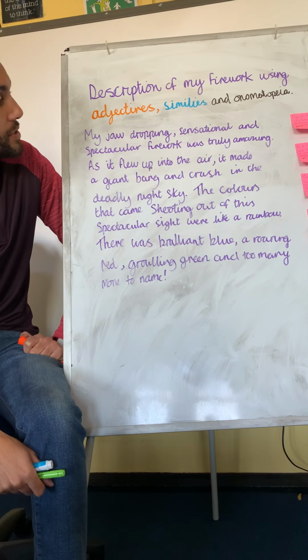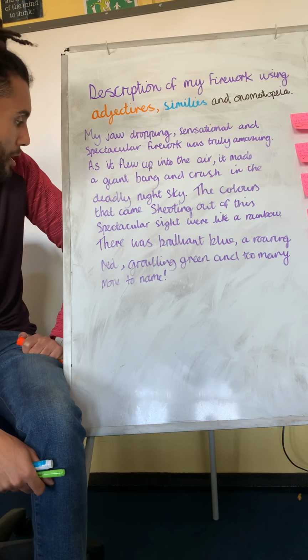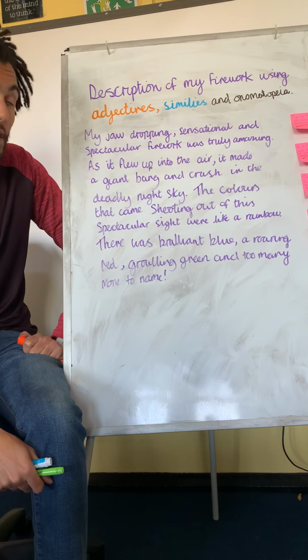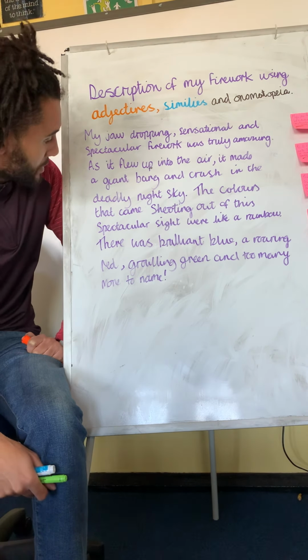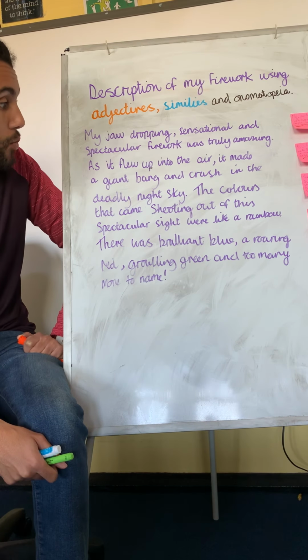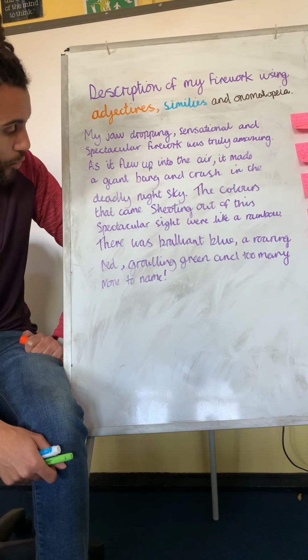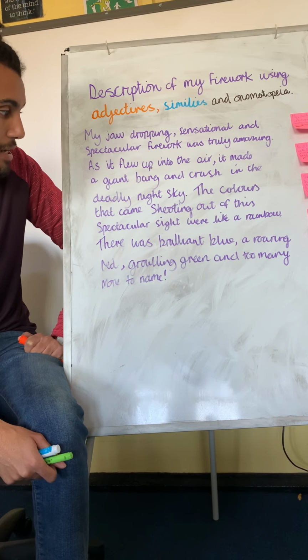As it flew up into the air, it made a giant bang and crash in the deadly night sky. The colours that came shooting out of this spectacular sight were like a rainbow. There was brilliant blue, a roaring red, growling green, and too many more to name.